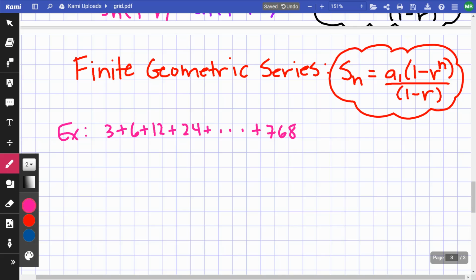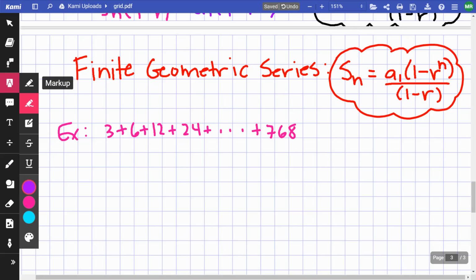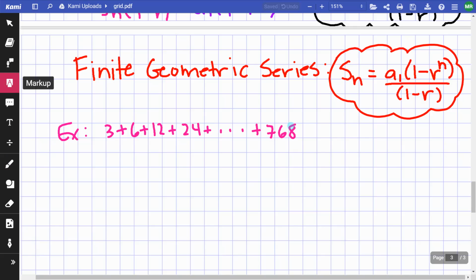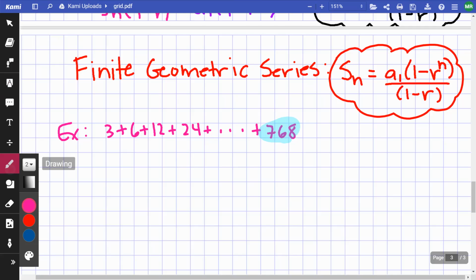The only issue is that in this particular situation, I don't know what term that is. So I need to find the term. I know what my r is. My r is going to be 2. I know that my a sub 1 is going to be that 3 in the front. So what I need to find is what term that is, because that's going to determine my n.